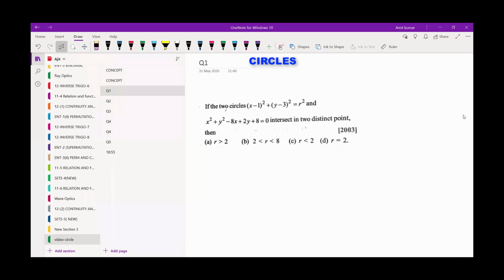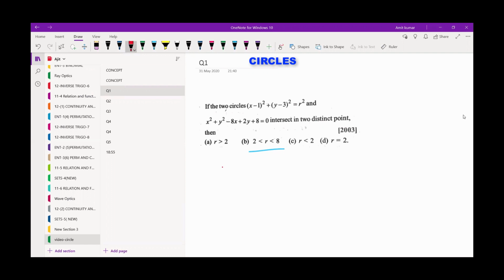Why? Because only in case of intersection does the distance between two centers lie in between two values. But if all 4 options are of this type, then we have to just find the centers of the two circles and their radii, and then check the relation between centers and radii.